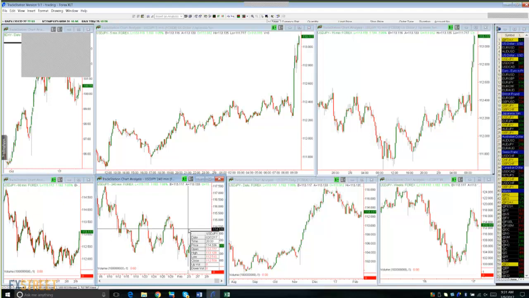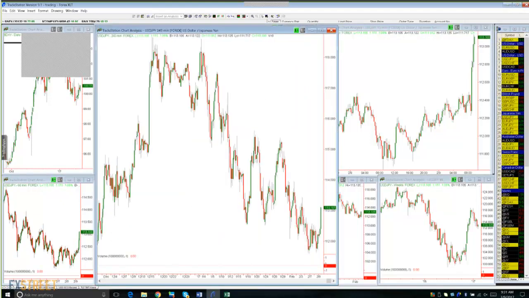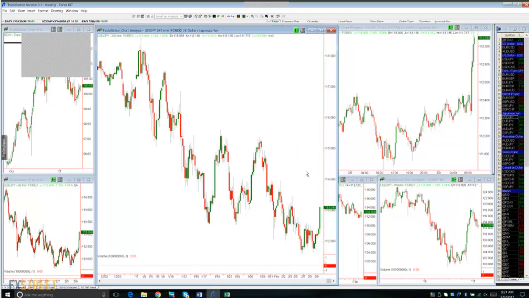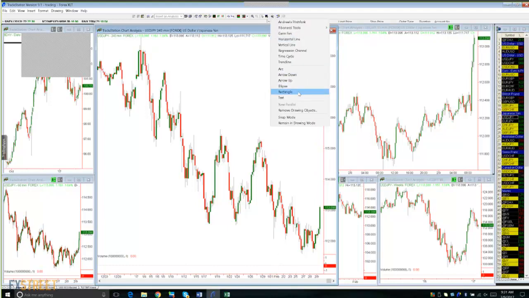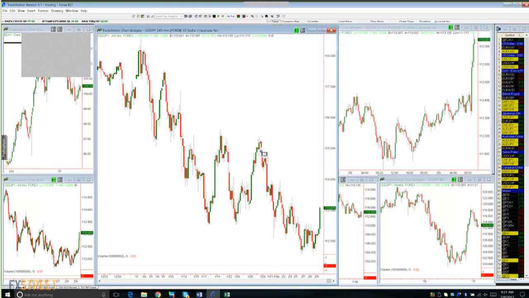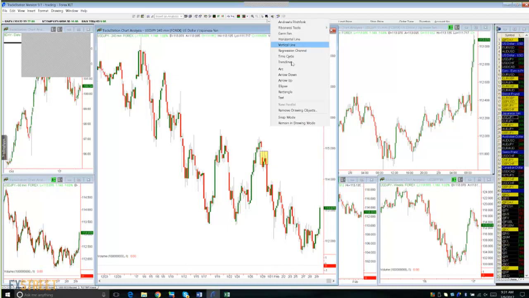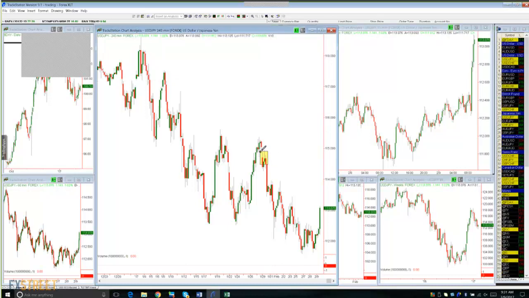The area I was looking at in the yen that I want to make sure you're aware of, not super close to current price, but we've got a nice range set up for us here in the yen over the next, could be day or two. The yen is most likely to stay between this level up here, and I'll give you prices in a second.